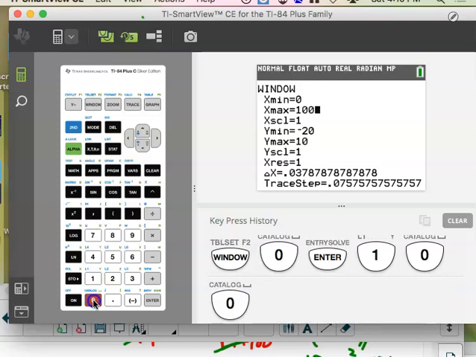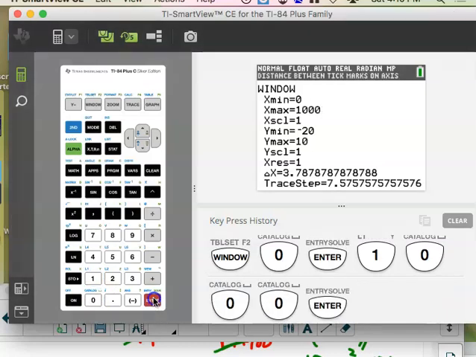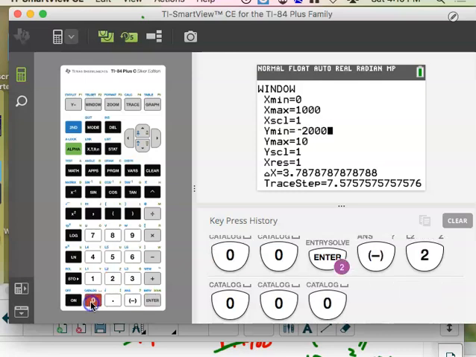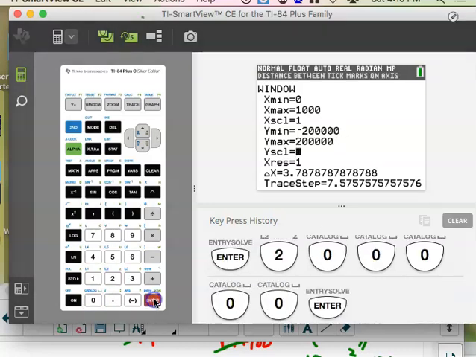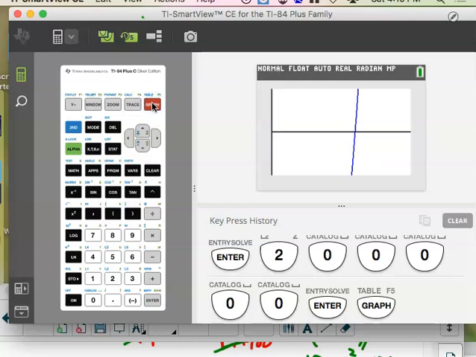Let's try 1,000. And our y values, well, our last number down there is a negative 420,000, so that could be really large too. So let's try negative 200,000 to positive 200,000 and graph. There is our solution.